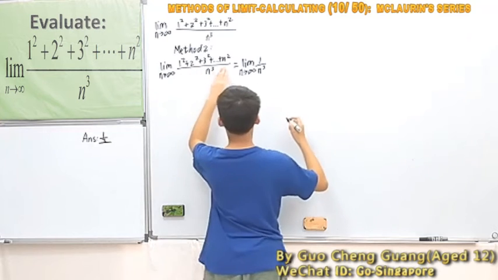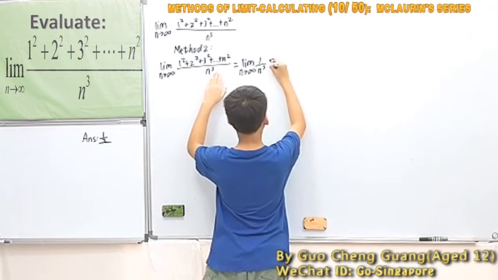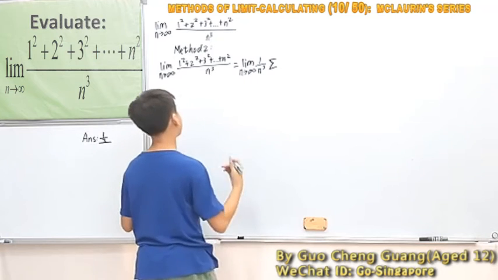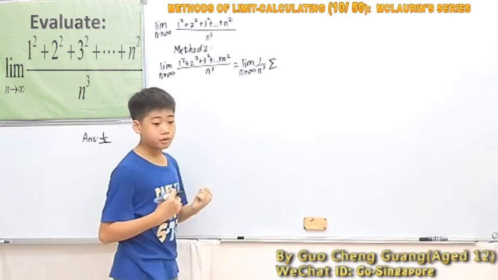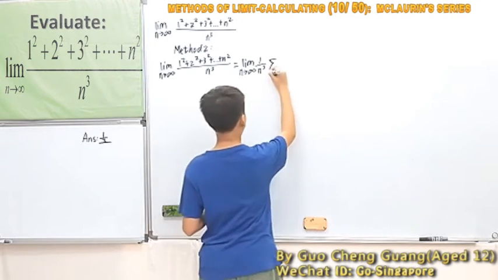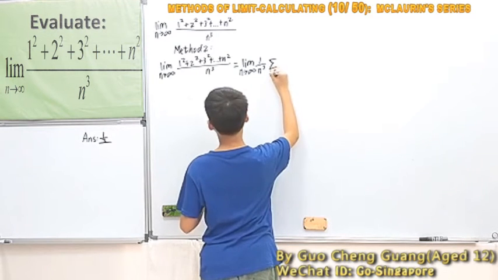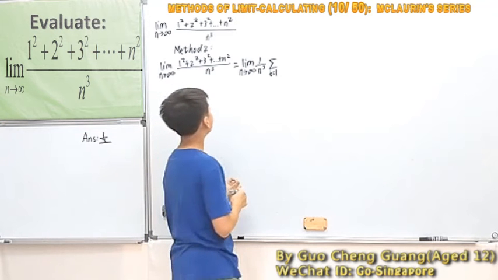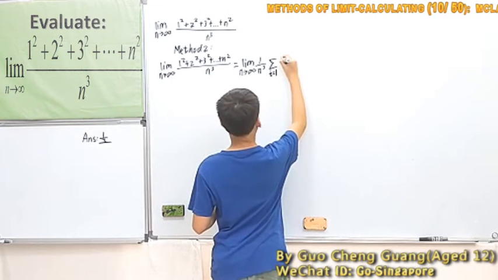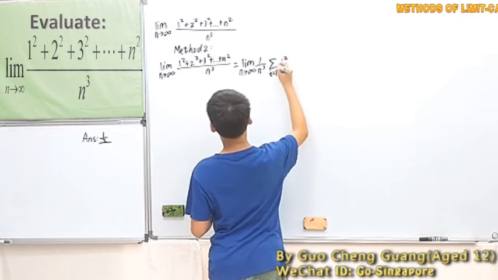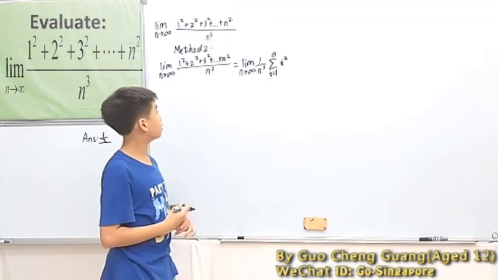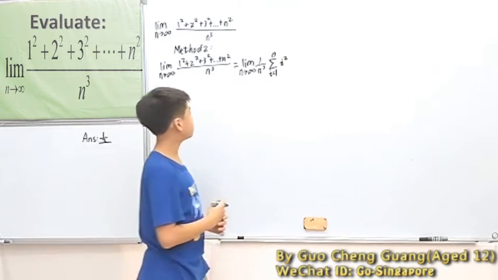Because this square, now this sigma, what can you think of? Well, maybe you just let another be I. So it starts from a 1. And inside here is the I square. Now this is all the way until n. Like this.